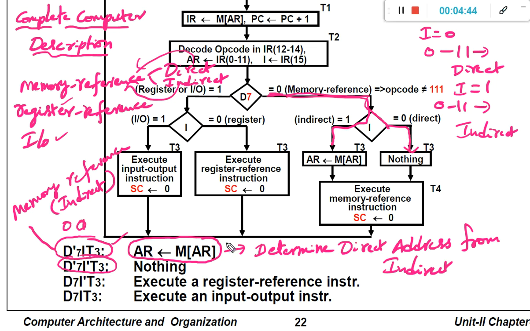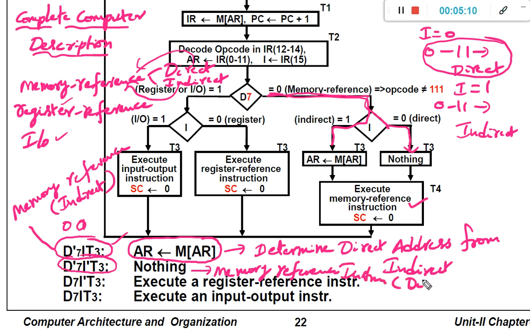Do nothing. Do nothing means, because the address is representing the direct address, we need not do any changes to the address, directly execute the memory reference instruction. So it is going to represent the memory reference instructions direct address.